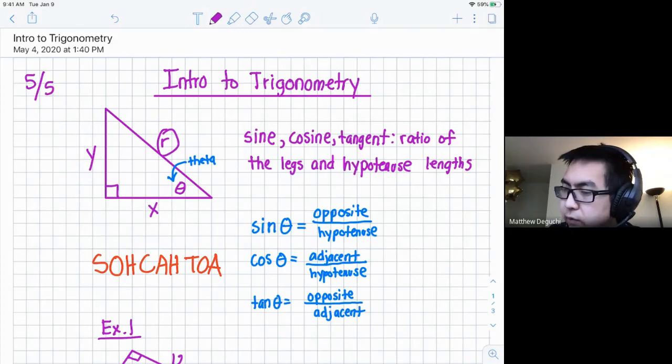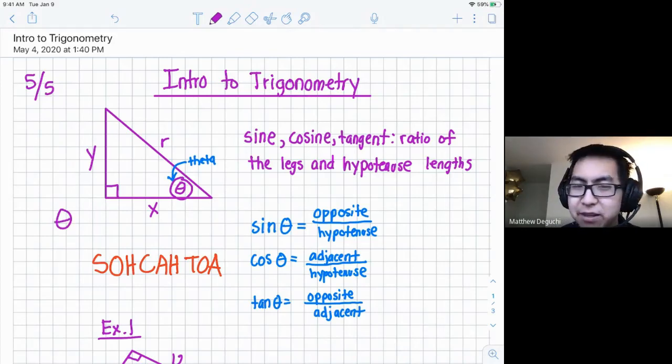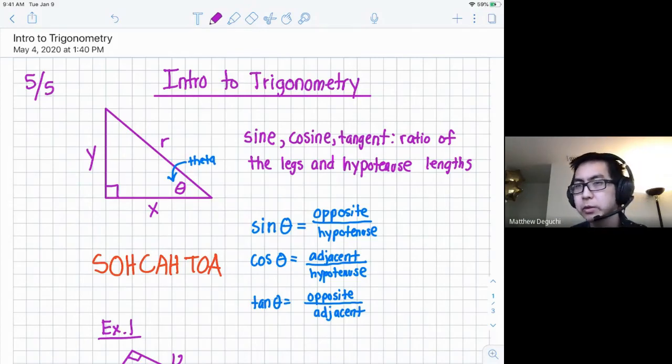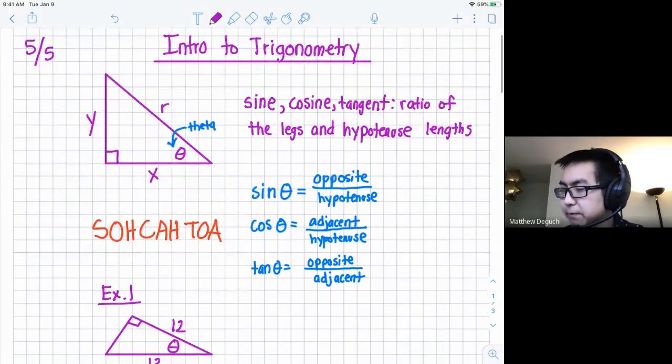But for angle measurements, we label it with this symbol, which is called theta, okay? That is what we use as a variable for angle measurements, which could be in degrees or radians.